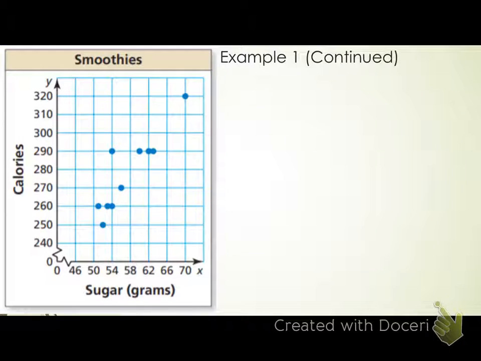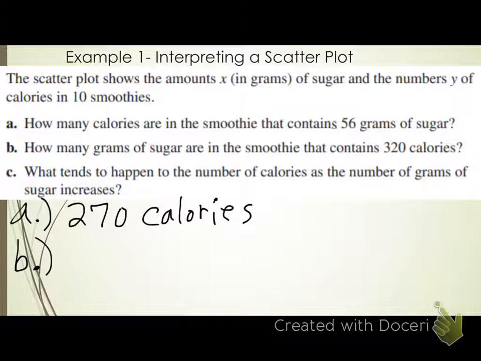Where's 320? At the top, tippity top. Find the point that corresponds to it. Now I'm finding the x value that corresponds to that point, which is 70. So how many grams of sugar are in the smoothie that contains 320 calories? 70 grams of sugar.